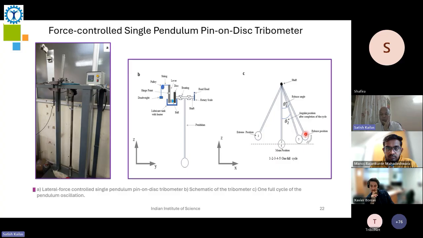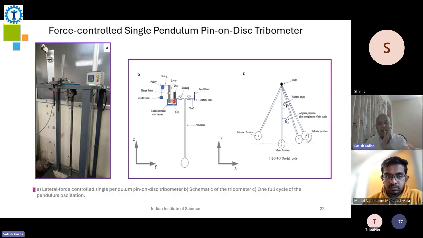What we also did is use a read head, a rotary scale over here, which has a resolution of 0.000219 degrees, non-contact. So the whole energy dissipated in the system is basically by the tribo contact plus the damping of the system. If I don't have a tribo contact, I can get the damping of the system by this very high resolution scale over here, and if I have the tribo contact, I will get the energy dissipated by the tribo contact and the system.